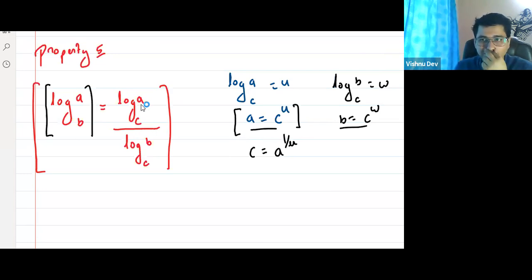Where? Here, left hand side. That means log c raised to u base c raised to w.